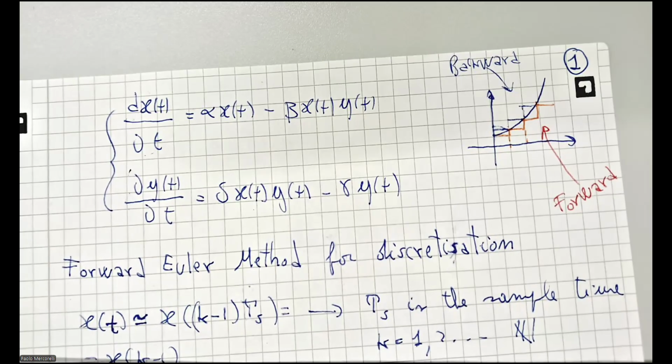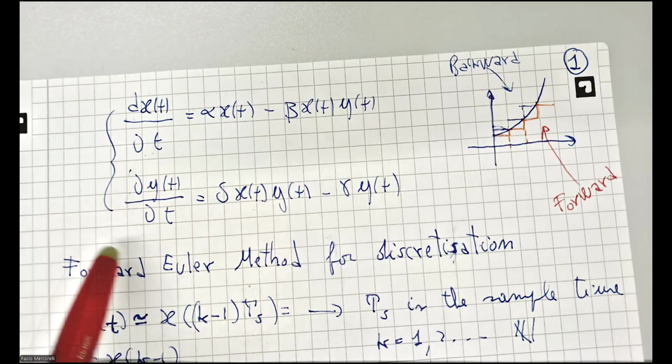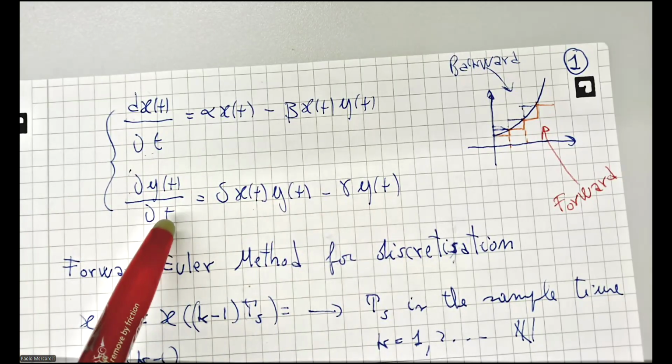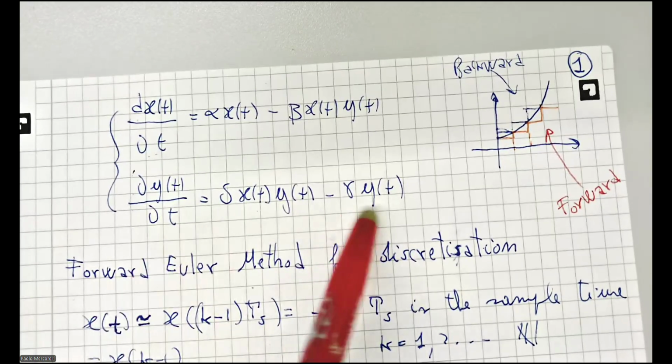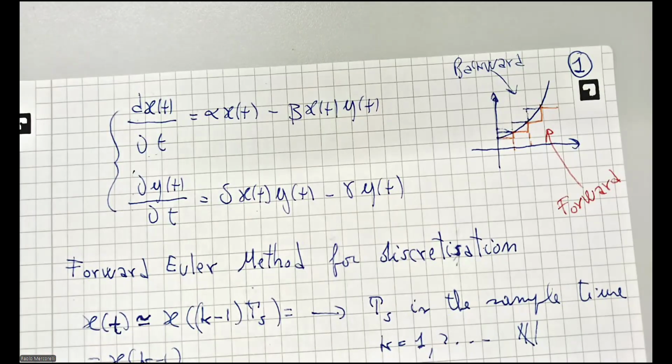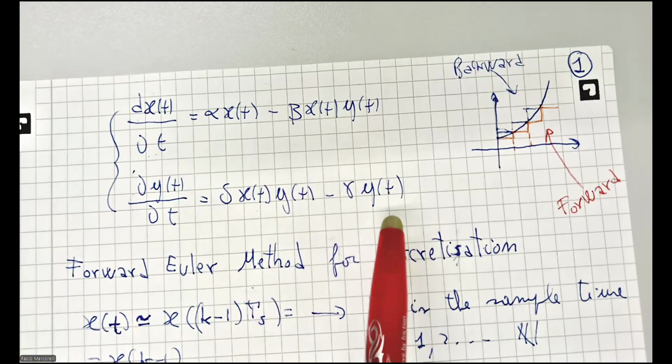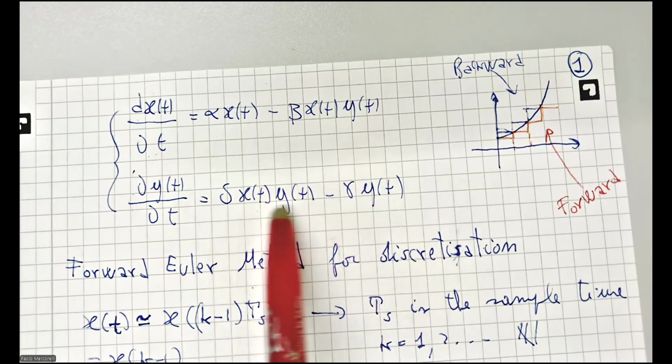But if X is 0 in one case and Y is 0 in the other, I can speak about prey dynamics and predator dynamics. Look here. If X is 0, in the differential equation describing the dynamics of the predator, we have just a dynamics which depends on Y.